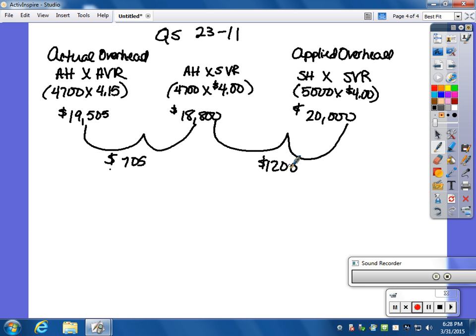So, I ask this question again. 705: the standard is lower than the actual, which means what? Unfavorable. However, the 1,200, what's happening there? It's lower.